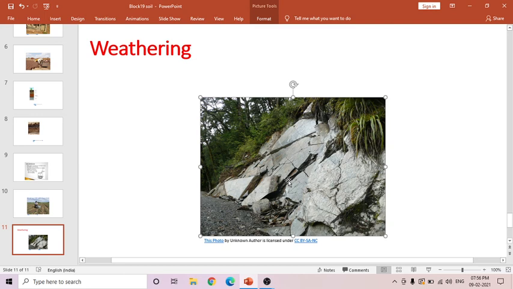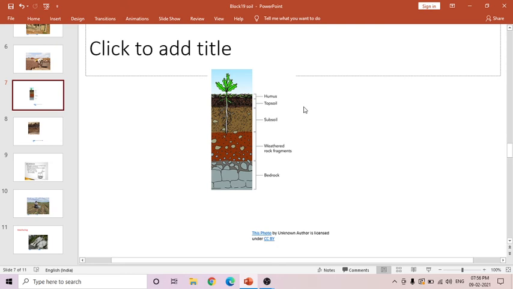You learnt in the formation of layers of soil that the first layer is known as humus. And you also learned that humus is formed by the dead and decayed parts of plants and animals, and it is so important for plant growth.